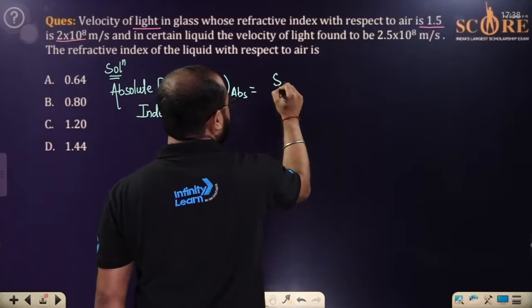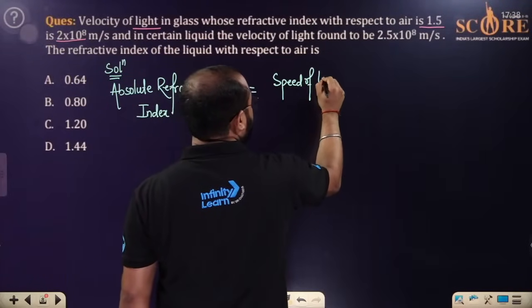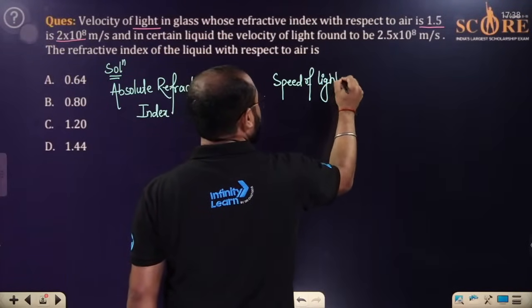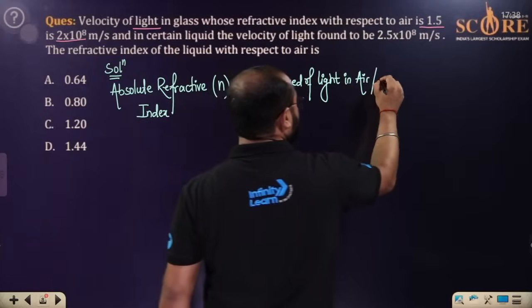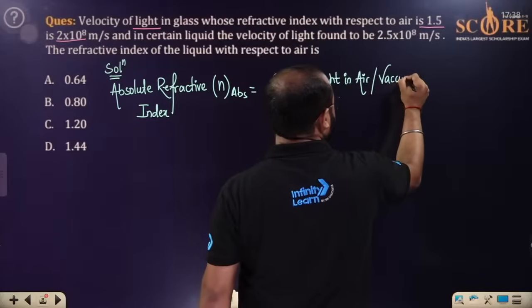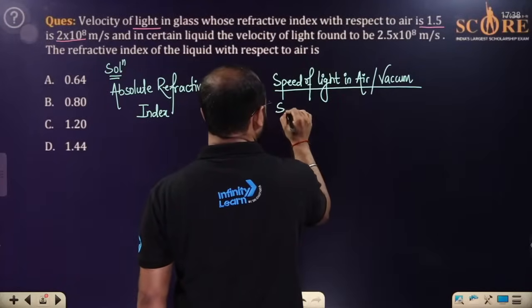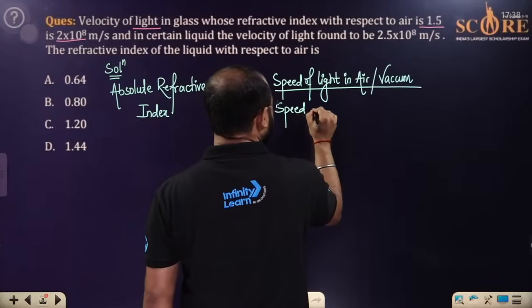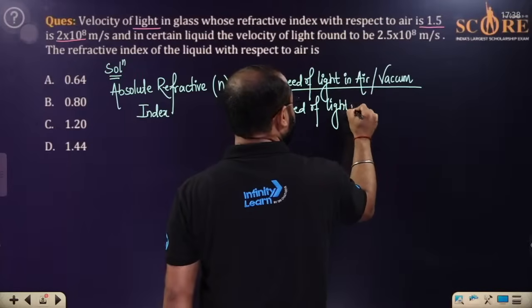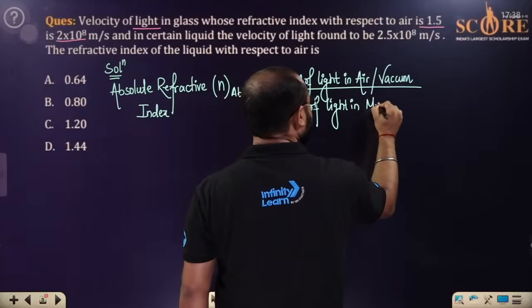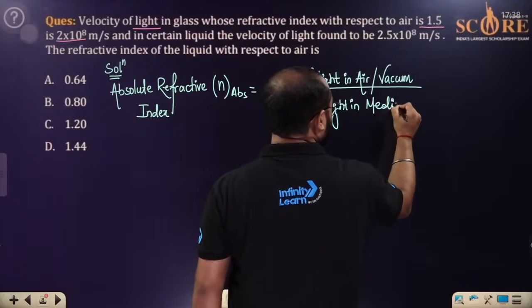We know that it is the speed of light in air or vacuum divided by the speed of light in the medium.